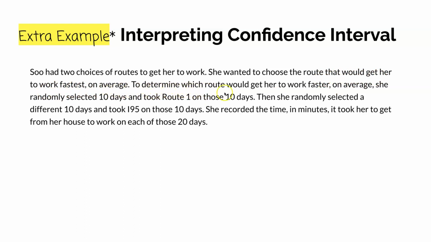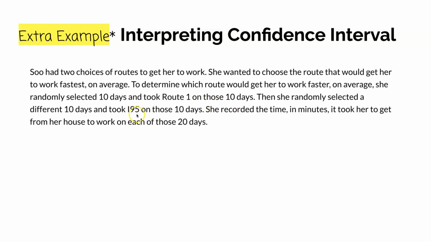To determine which route would get her to work faster on average, she randomly selected 10 days and took Route 1 on those days. Then she randomly selected a different 10 days, and on those days she took I-95.